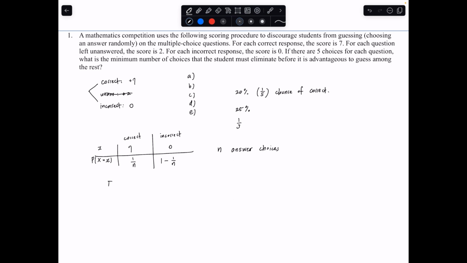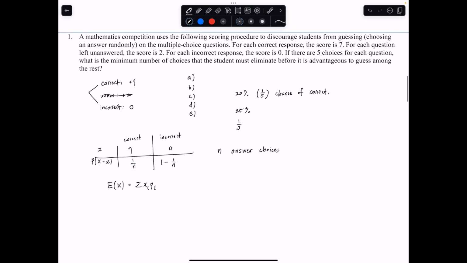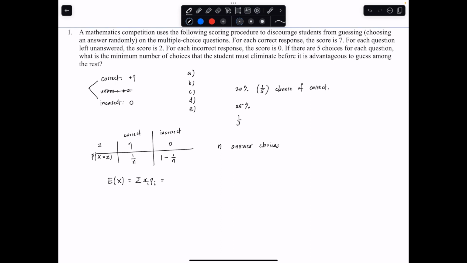The formula for the expected value we know is the sum of the event times the probability of that event. And we want this to be greater than 2. So 7 times 1 over n plus 0 times 1 minus 1 over n has to be greater than 2.